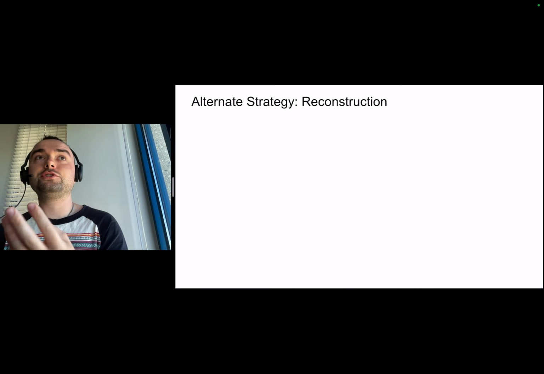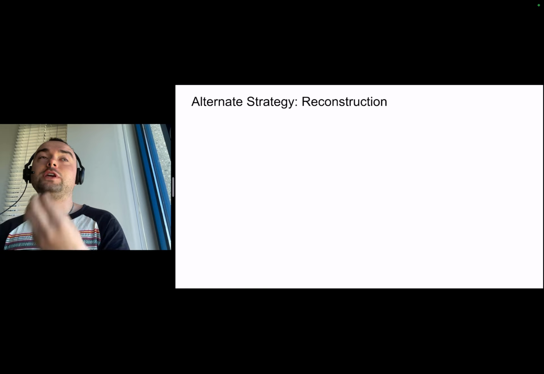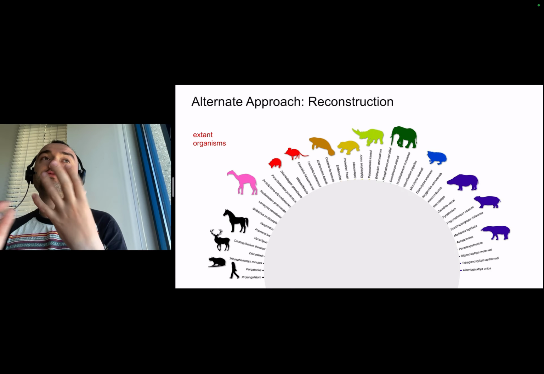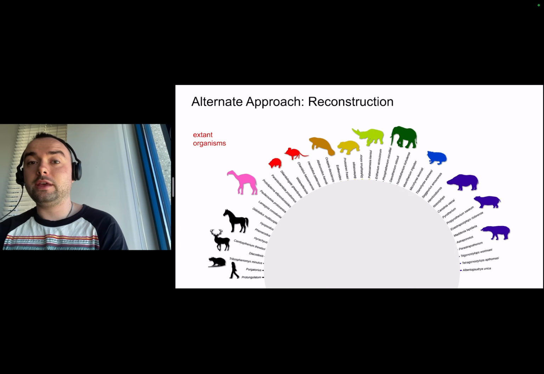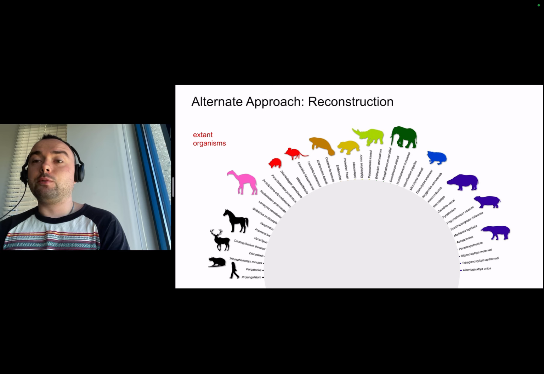And so what we're pursuing in this work is a reconstruction-based approach to collecting phylogenetic information. This works like you might be familiar with in traditional biology, where you have a set of extant organisms, maybe your set of solutions at the end of a run.